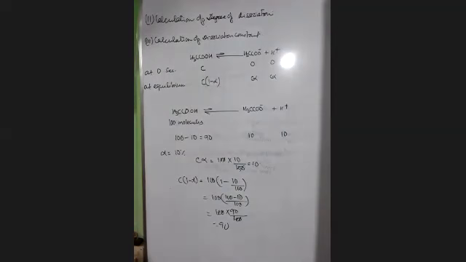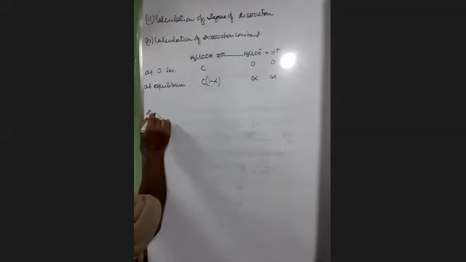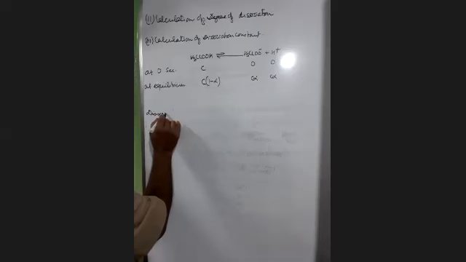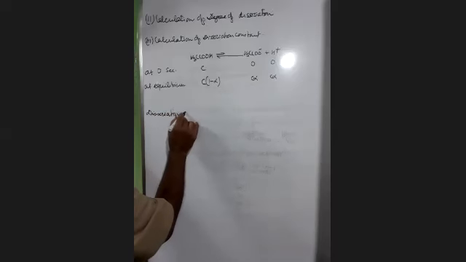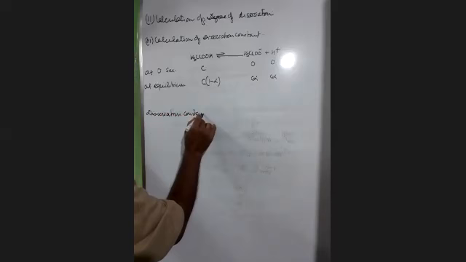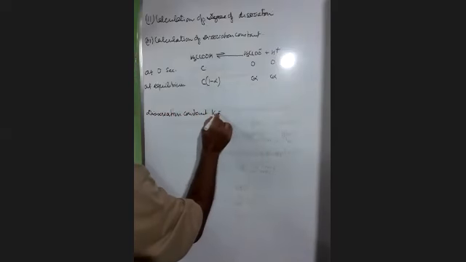Now what is the dissociation constant? How do you find the dissociation constant? K is equal to what?